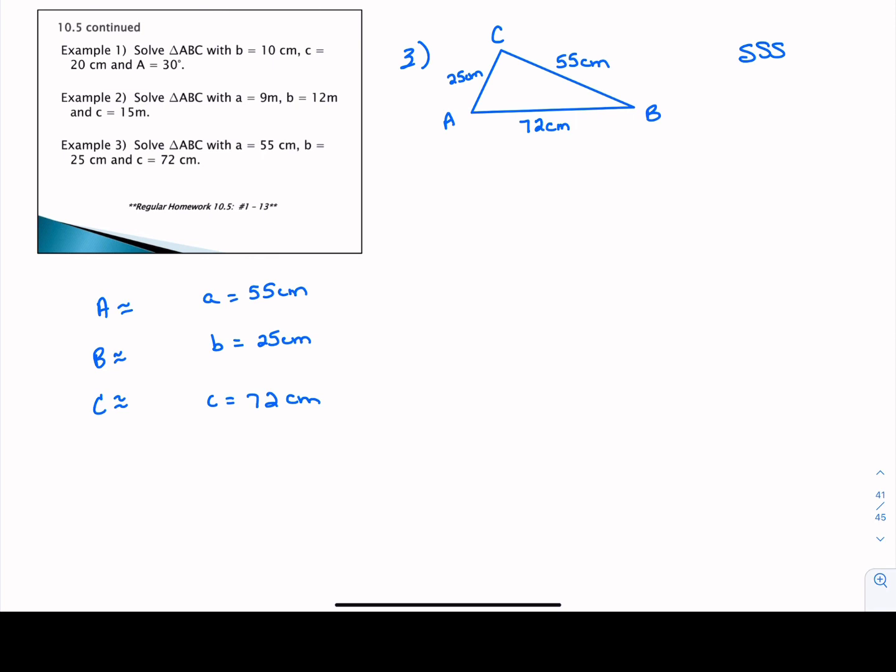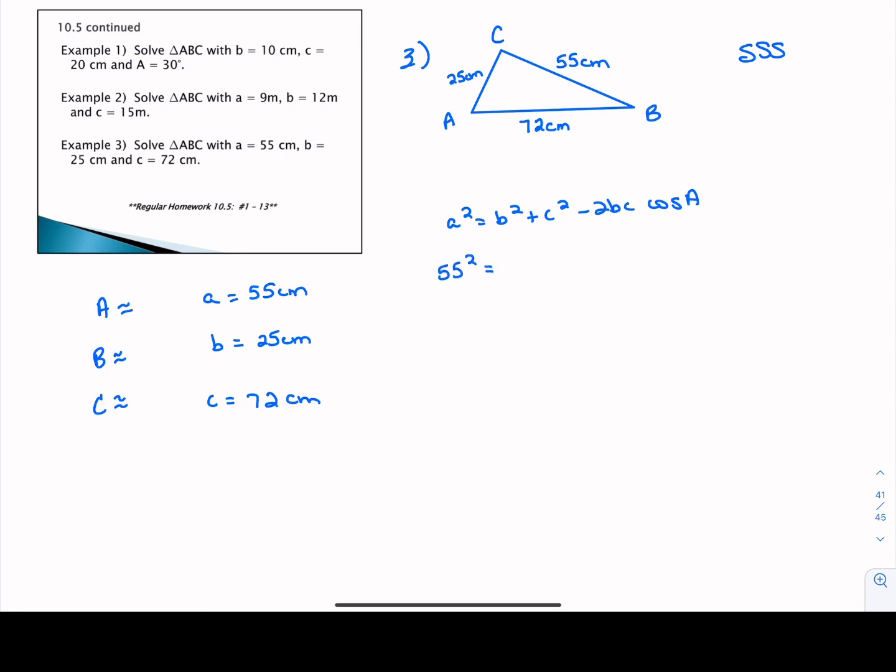We can solve for angle A, which means we have to use A squared equals B squared plus C squared minus 2bc multiplied by the cosine of angle A. So A squared is going to be 55 all squared.